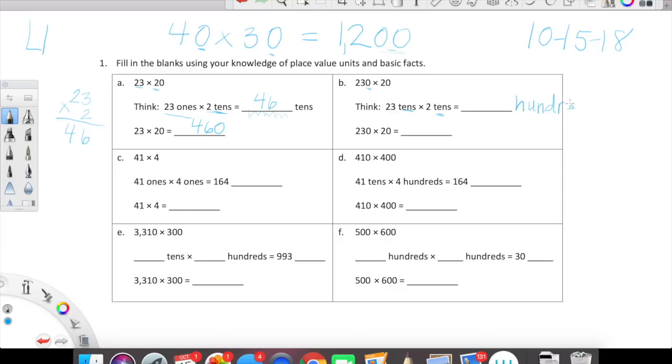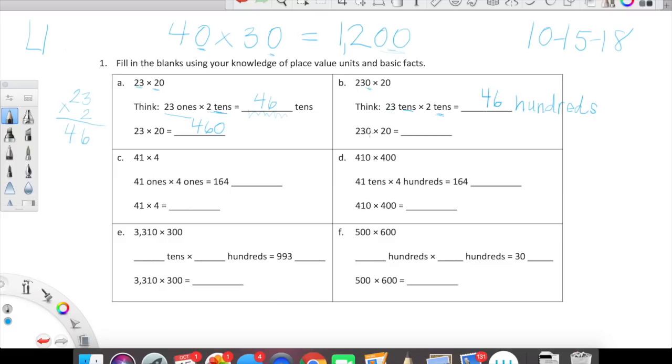So I'm going to follow the pattern and I'm going to write that in unit form. And then we have to look at 23 times 2. Well, I already did that work over here. I know 23 times 2 is 46. And this is multiple hundreds, so it's 46 hundreds.